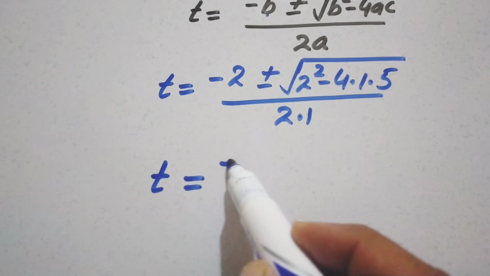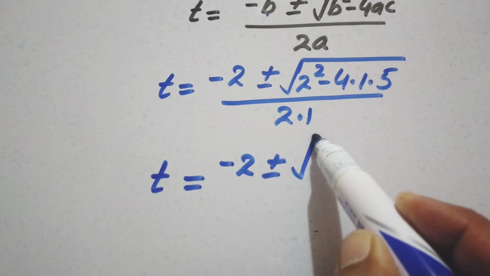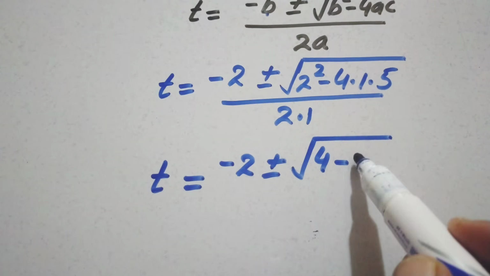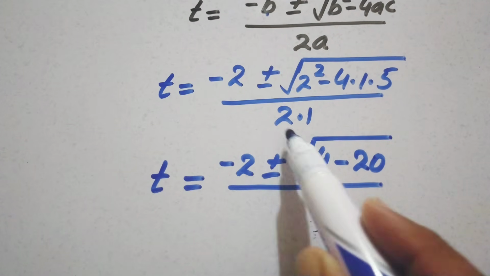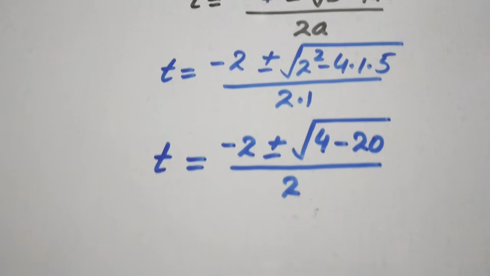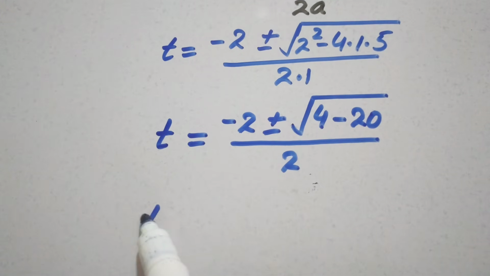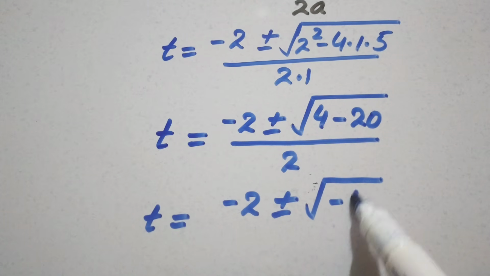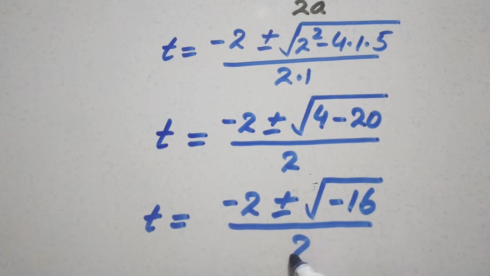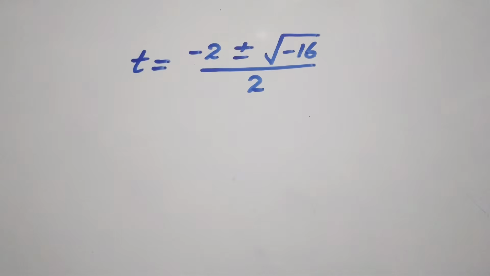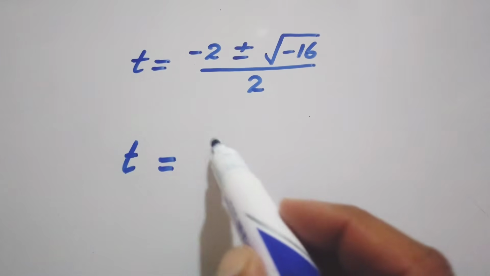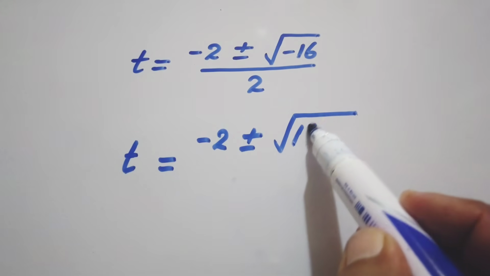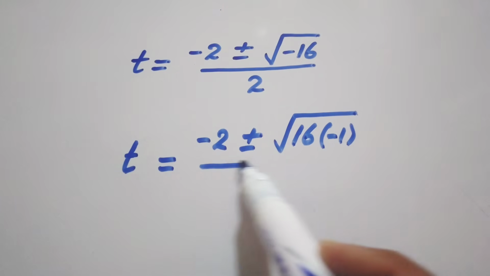Now t is equal to minus 2 plus minus square root of 2 squared, which is 4, minus 4 multiplied by 1, 4, and 4 fives are 20, divided by 2. Now from this we get t is equal to minus 2 plus minus square root of 4 minus 20, which gives us minus 16, divided by 2. We can write this as 16 multiplied by minus 1, divided by 2.